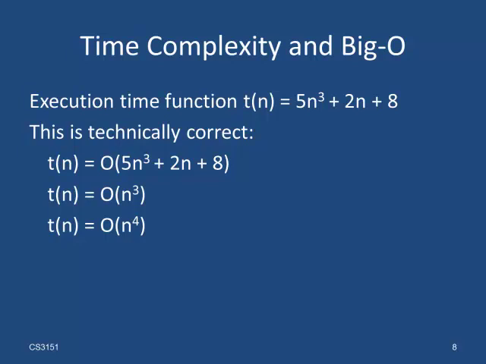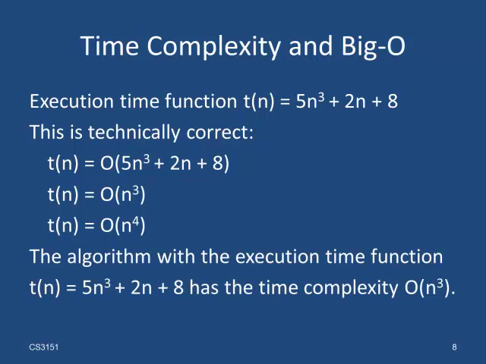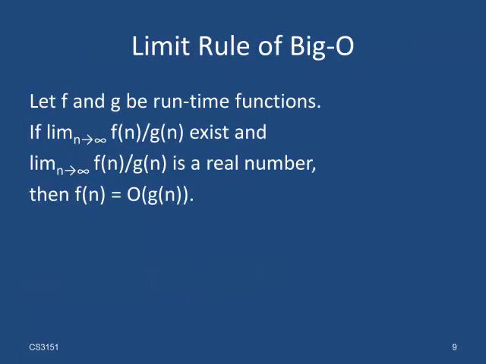So in our example, if you determine that the execution time function is 5n cubed plus 2n plus 8, you would say that the time complexity is cubic, that is, O of n to the 3. In many cases, the previous properties of big-O are sufficient to determine the most simple big-O expression of an execution time function.